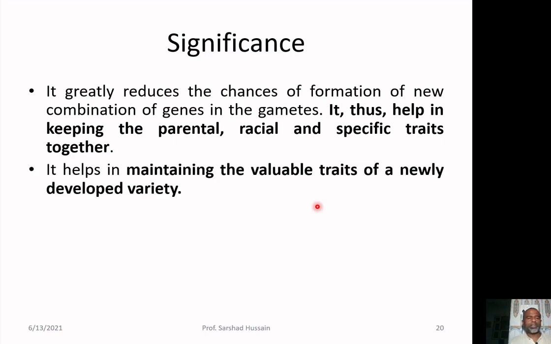The second significance is that it helps in maintaining the valuable trait of a newly developed variety. Say, for example, scientists are successful, after crossing, in putting the genes present on different chromosomes onto a single chromosome by recombining the genes.